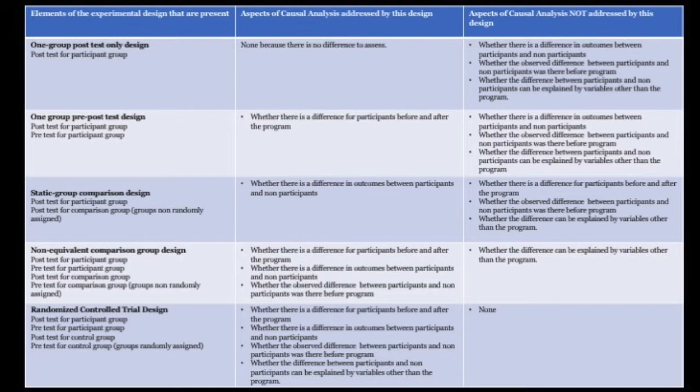We can also assess if the difference was there before the program or not. But one thing we're missing is, of course, ruling out the possibility that this difference that we observe between participants and non-participants is caused by some third participant characteristic or some third variable that is related to both participation and the outcome.